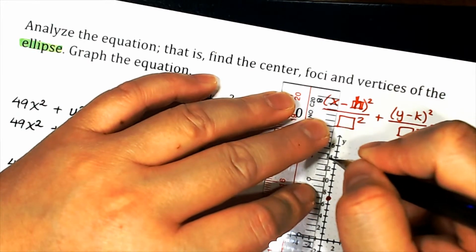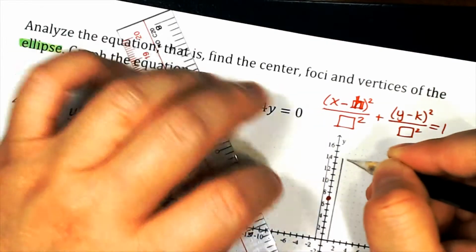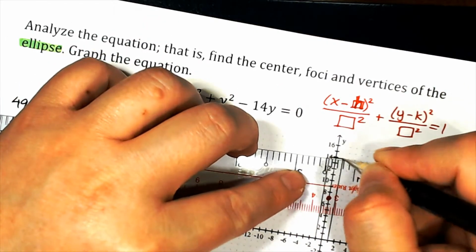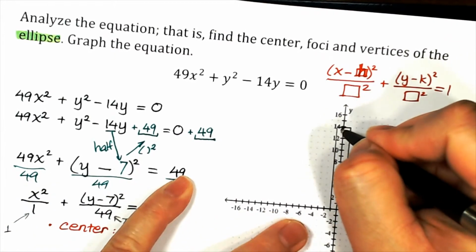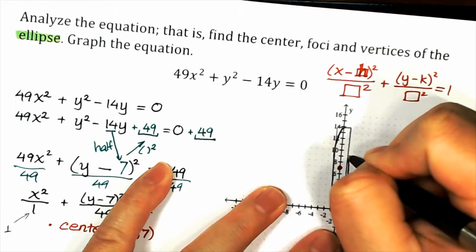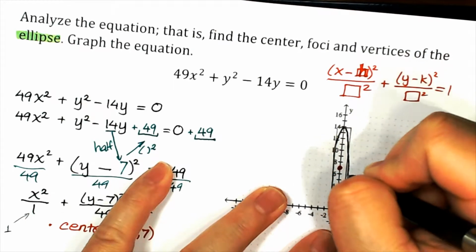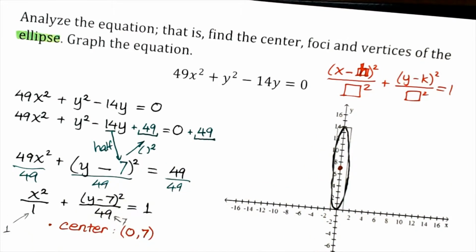So we're going to have a very skinny box here, and the ellipse will fit inside this box. So it'll be like that.